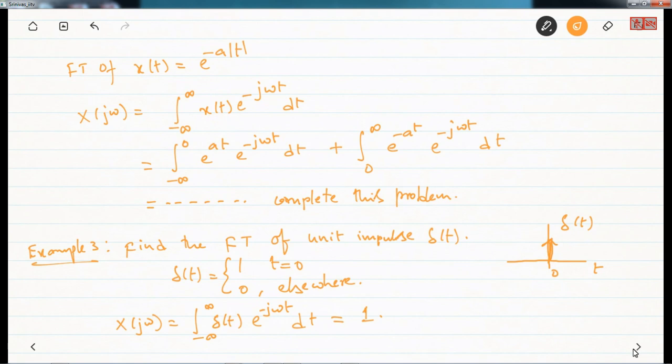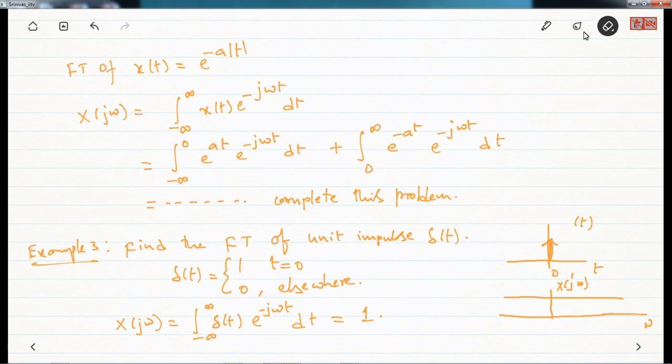So that means the Fourier transform is equal to 1 for all values of omega, where the x-axis is omega.